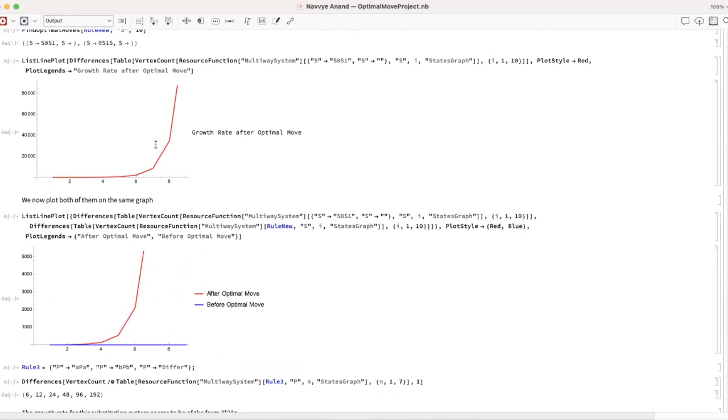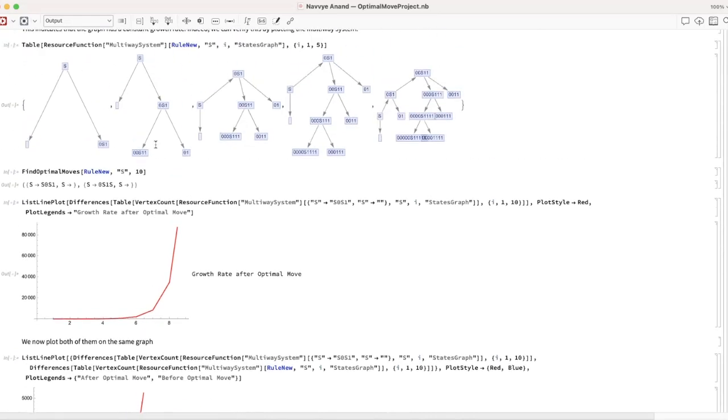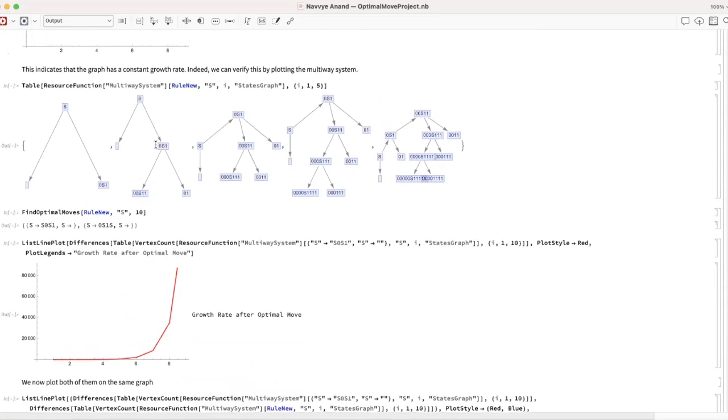So the reason this would be possible is, firstly, you have a substitution system, and then you have a bunch of moves that you can make to it. And then you're selecting the one that grows the fastest. So it sort of makes sense that even a small change in the substitution system would yield unimaginable growth after a certain time.